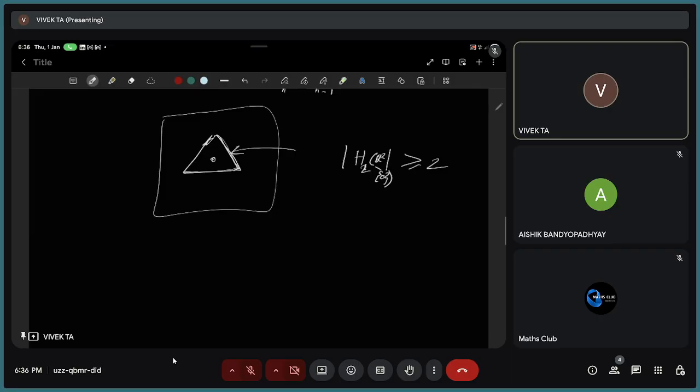Because one, you have the trivial element. Obviously, if you take a triangle here, you have a closed triangle before that. So hence, there exists at least two elements. One is generated by this, and the other is generated by these kind of elements. True?